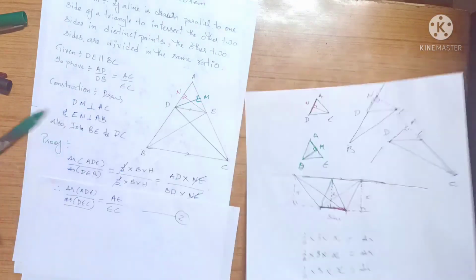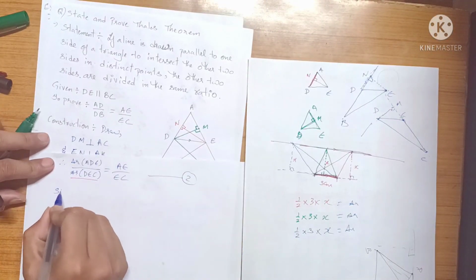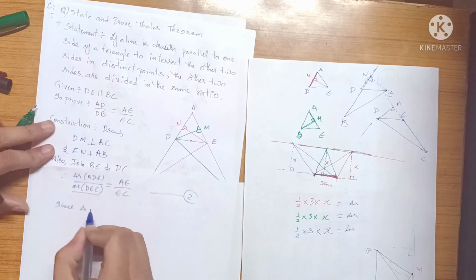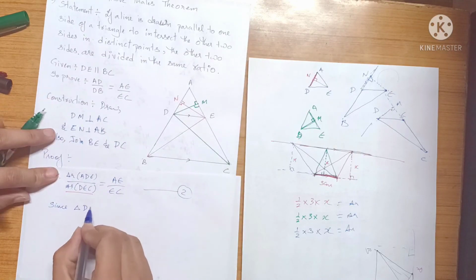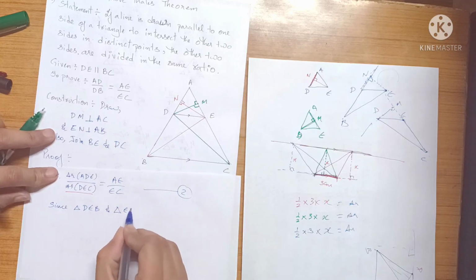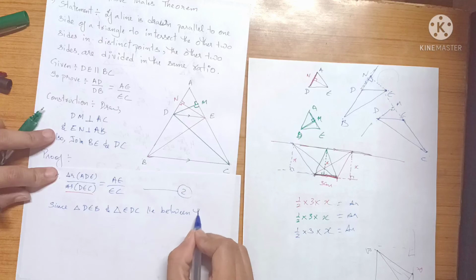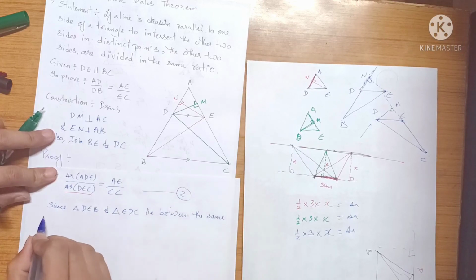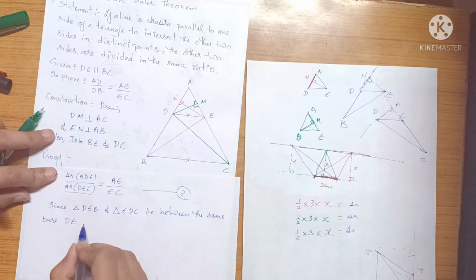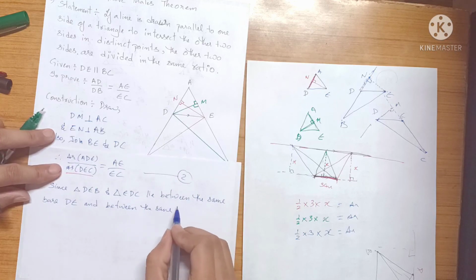So we don't have to show all the stuff. We just have to write. This is a theorem which you should have learned in class 9. So that's a class 9 theorem. So we can directly write, since triangle DEB and triangle EDC lie between the same base DE and between the same parallel line.